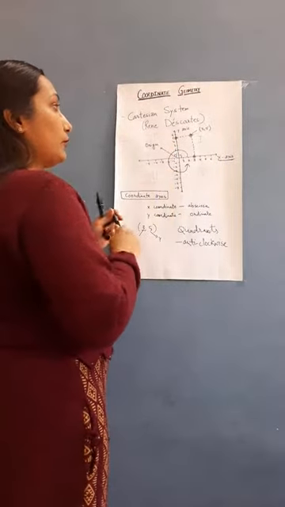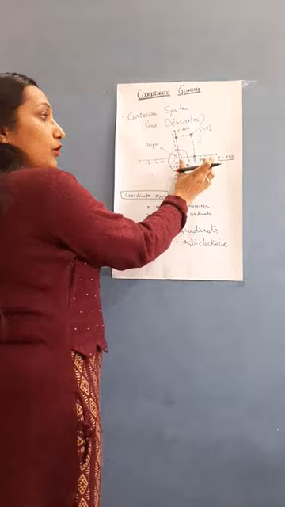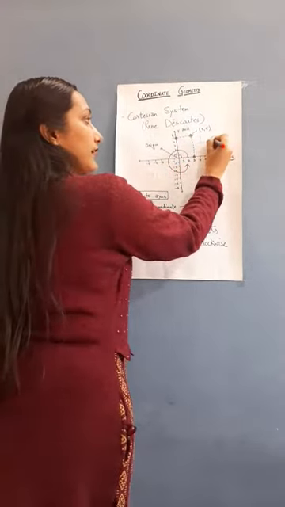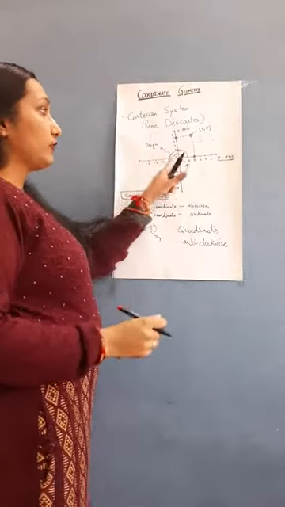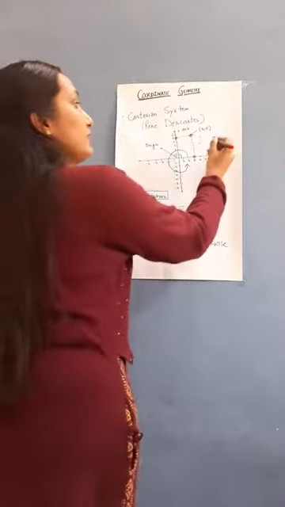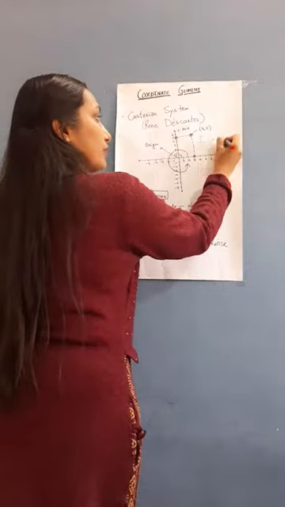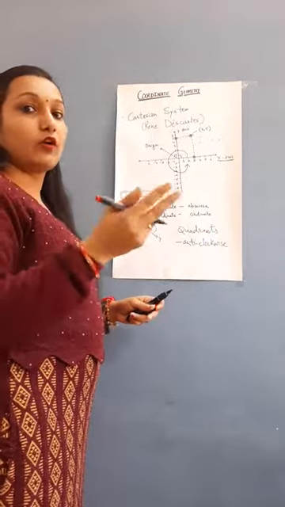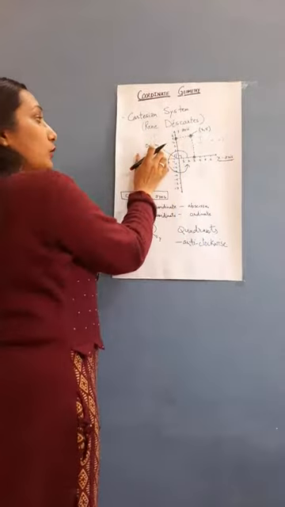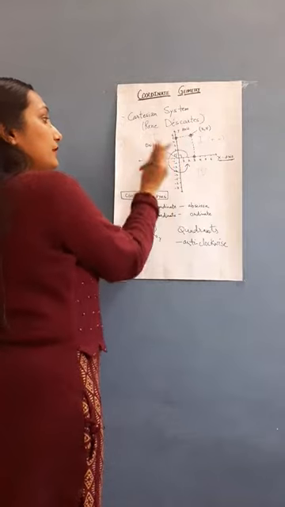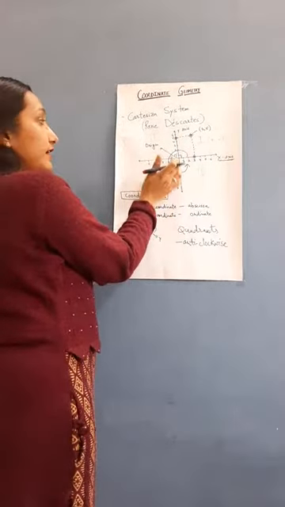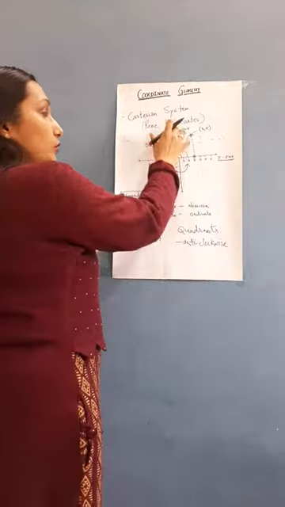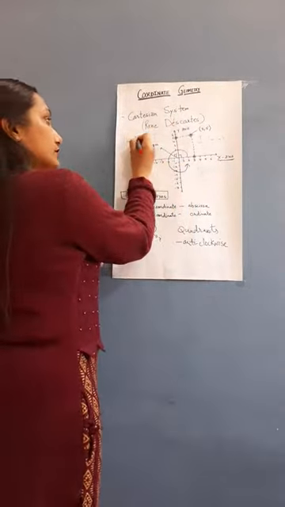Whatever point we have in our first quadrant, what is the sign of the x-axis? It is positive. What about the y-axis? It is also positive. So in the first quadrant, both the x coordinate and y coordinate are positive. Now in the second quadrant, since our x-axis is negative, the x coordinate will be negative, and the y coordinate will be positive.